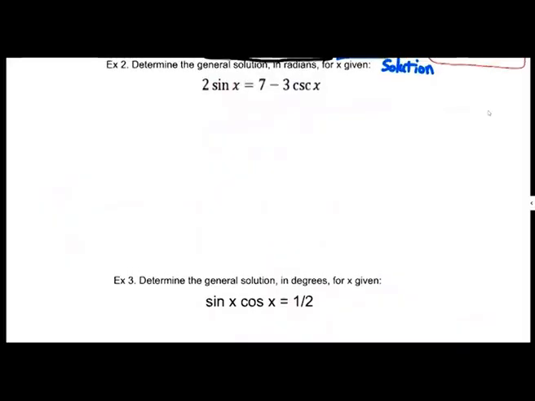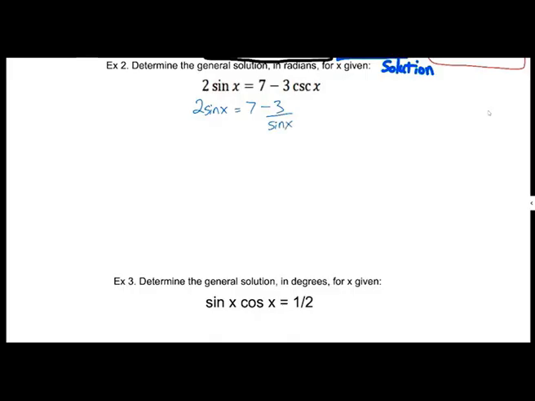So in this example, I need to find the general solution in radians for this equation. So we're going to rewrite in terms of sines and cosines. So we know that cosecant is 1 over sine of x.